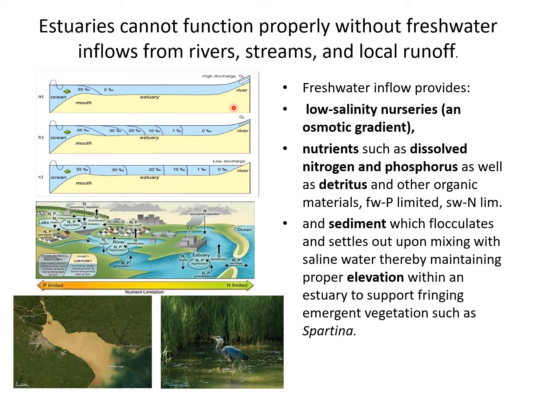Osmotic gradients. So these are some of the various salinity gradients you can get in Texas estuaries. The second thing that's probably most important as far as freshwater inflow is that the freshwater brings in dissolved nutrients, nitrogen and phosphorus, as well as a certain amount of decaying plant material referred to as detritus.